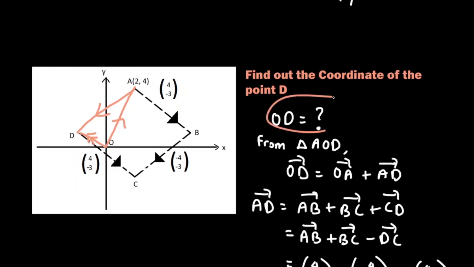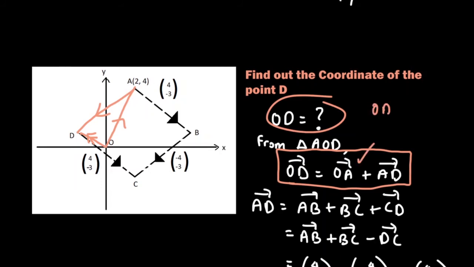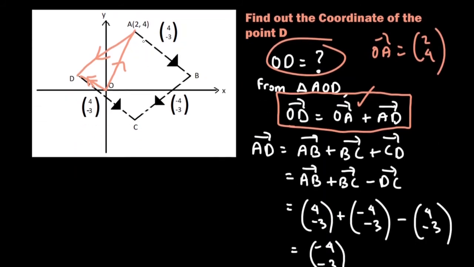Okay, so we have to find out OD, right? So from triangle AOD, this is the vector equation that we need. So we can find out OD if we know both of these. So we know OA, right? It's (2, 4). OA is equal to (2, 4). But we don't know AD yet. Well, we can find it out using this indirect method.